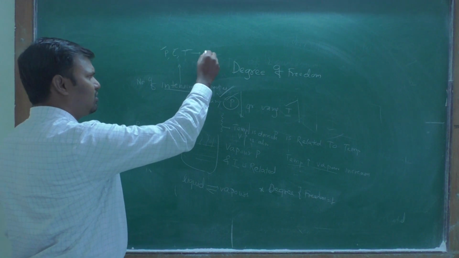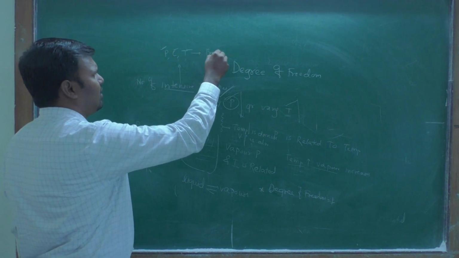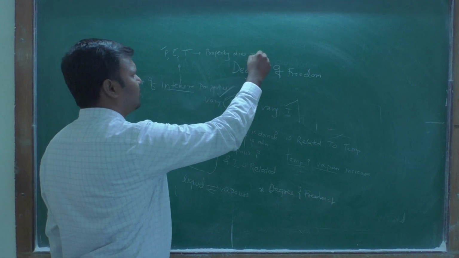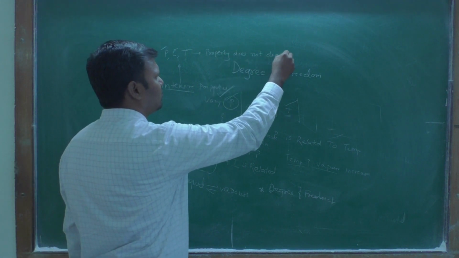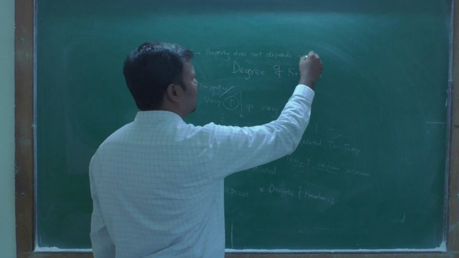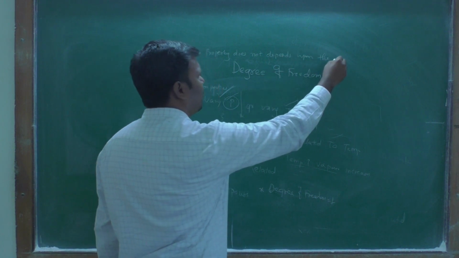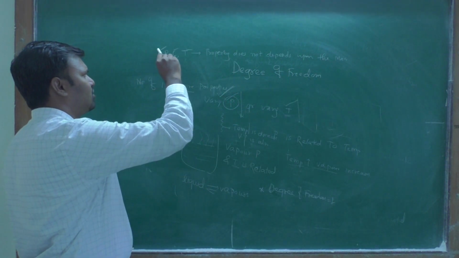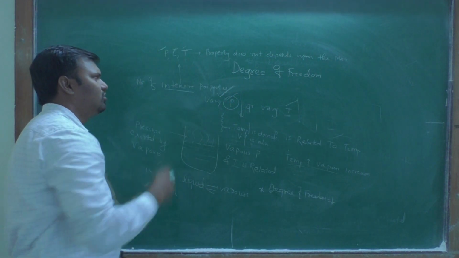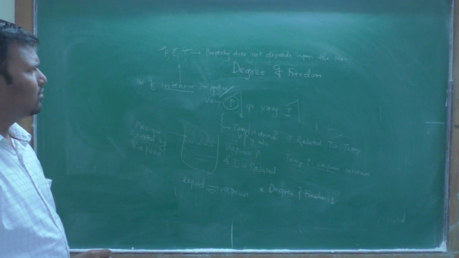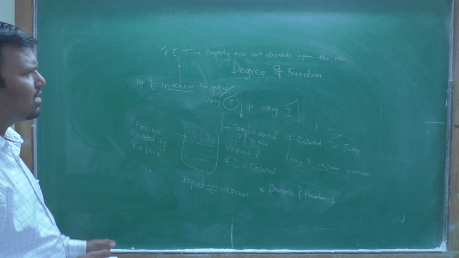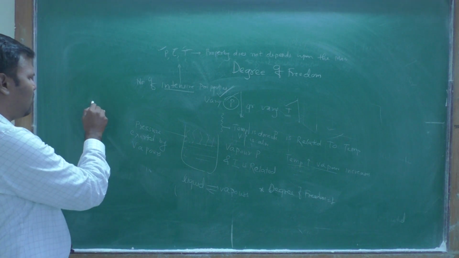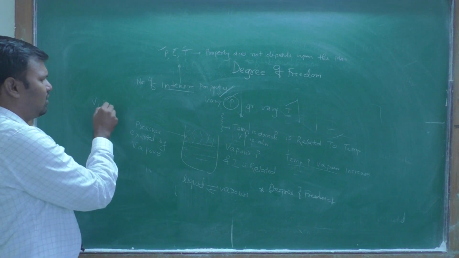Intensive property means the property does not depend upon the mass. When you add the mass of a substance, there is no change in pressure, no change in concentration and no change in temperature. Therefore, it is a mass independent property. And extensive properties are volume and number of moles.